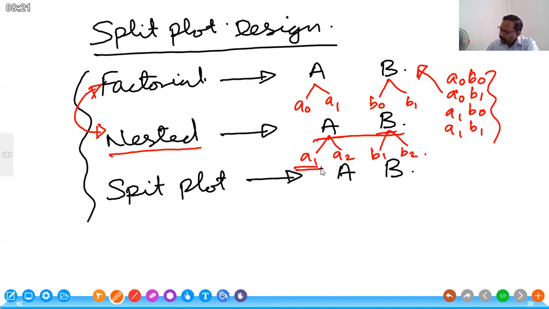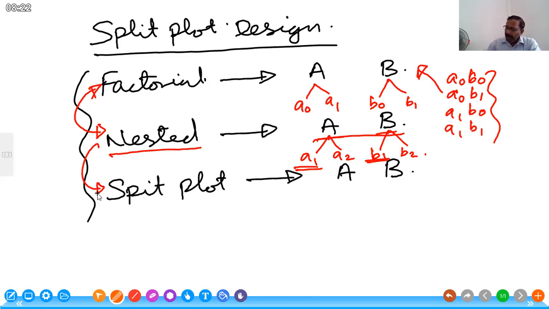So A1 is not the same as B1, so that we cannot produce all possible combinations. That is the problem in nested. The split plot, today we will see, we can make all the possible combinations, but the precision of testing will be different.